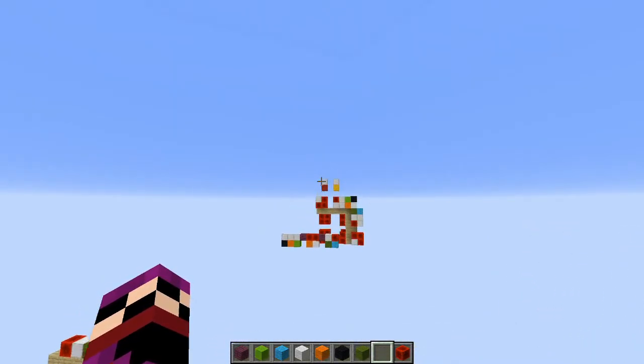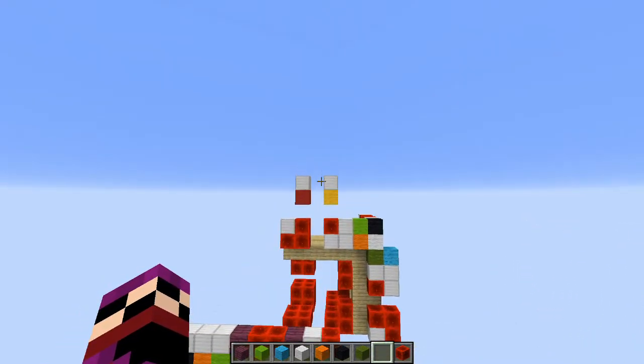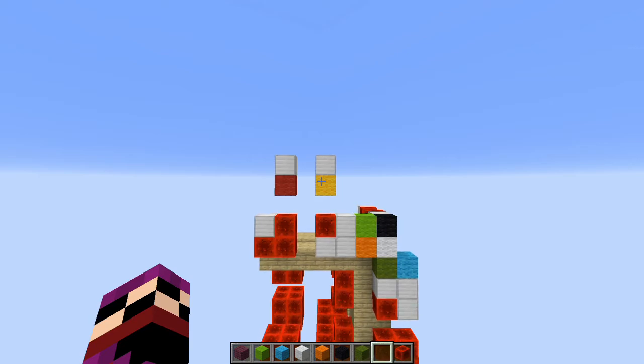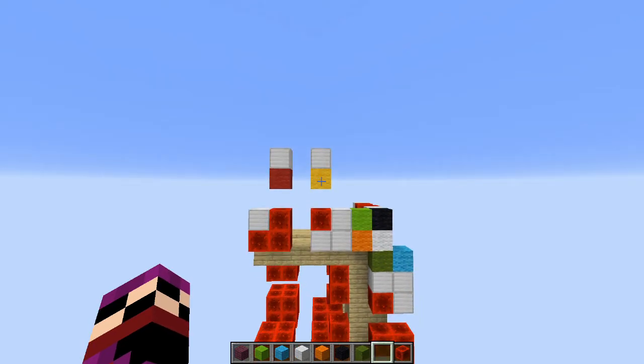Look at the top of this table, and you'll notice that I have a red wool and a yellow wool. Well, that could be for when those two inputs are off, and this is just that specific Kmap.